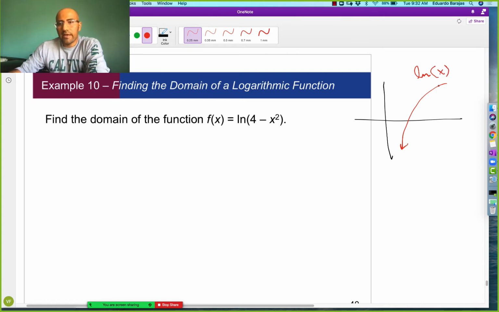So the domain has to be all positive real numbers. So whatever this input is, it has to be greater than 0.